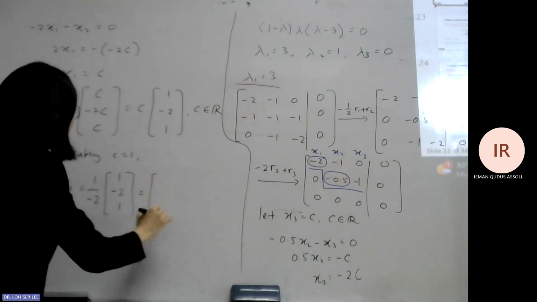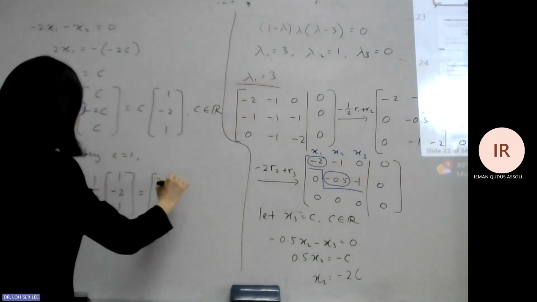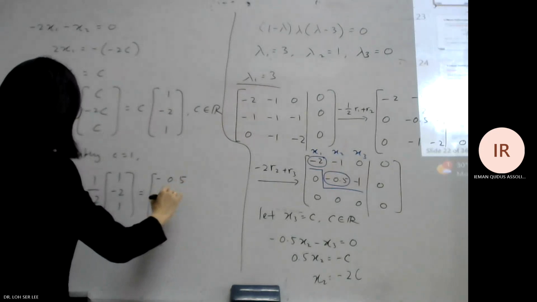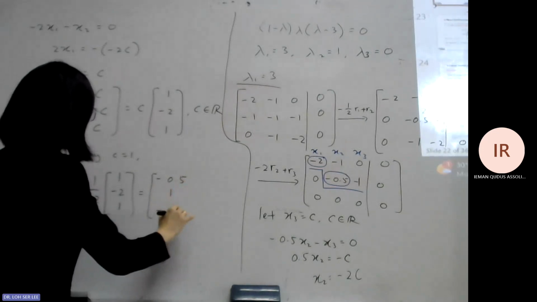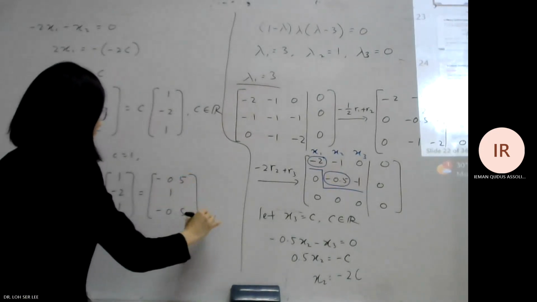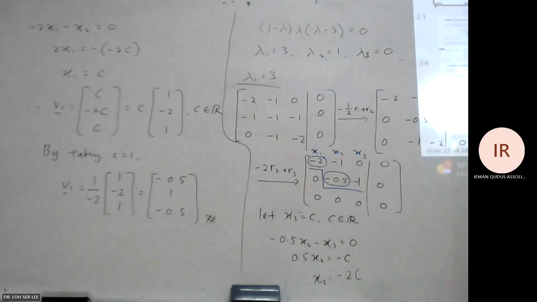So this means you have negative 0.5, 1, negative 0.5. Okay, so this is your v1. Any questions? Okay, no, continue to the second answer.